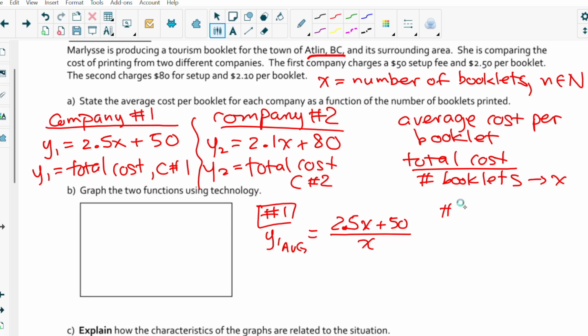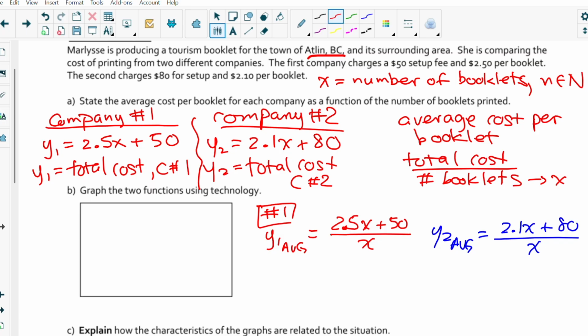And then number 2, let me do number 2 in blue, is y2 average equals 2.1x plus 80 divided by x, the number of booklets.